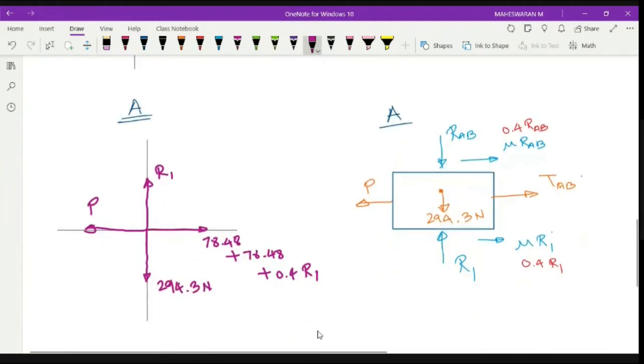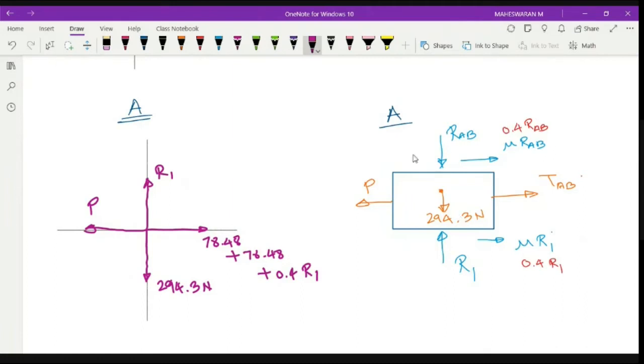So how many forces? 1, 2, 3, 4, 5, 6 forces. Here also 1, 2, 3, 4, 5, 6 forces. You cross verify it, there may be a mistake, so you may leave some forces. So better you cross verify. Sir, RAB downwards.